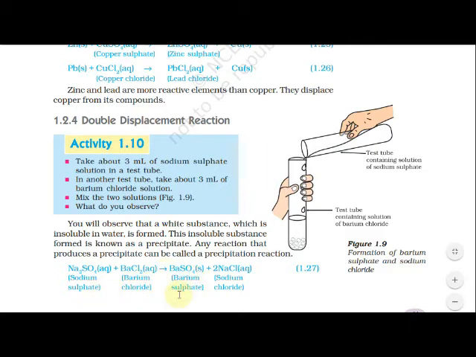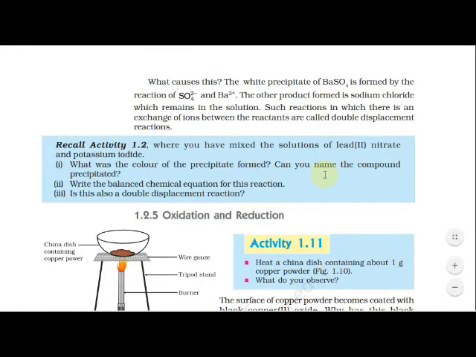Here what we have seen, barium sulfate and sodium chloride, these two products show a displacement reaction. When sodium sulfate solution is added to the barium chloride solution, barium sulfate is formed.